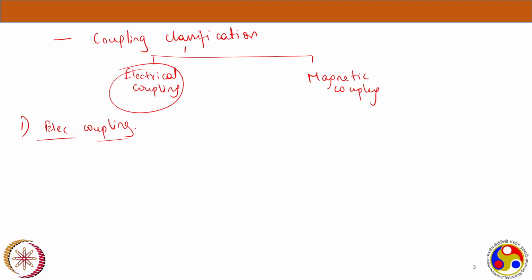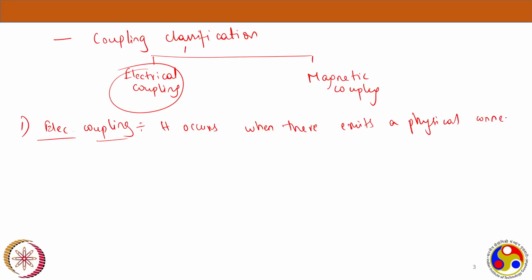Now, as I said, electrical coupling occurs when there exists a physical connection. Today is all about some good definitions and also some standard circuit solving. I want you to note down these definitions, or you can also solve along with me for better understanding. So electrical coupling occurs when there exists a physical connection between two coils.